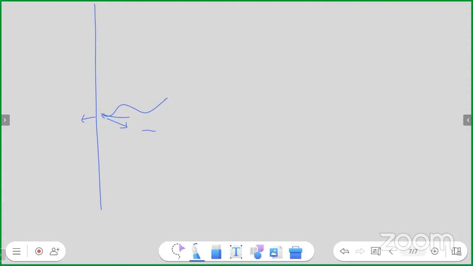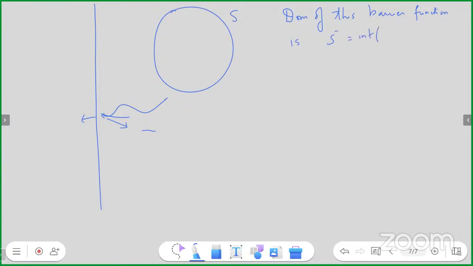So you look at your constraint set S. The domain of this barrier function is S minus, which is the interior of S. On this interior, as it gets to the boundary, the function should go to infinity.